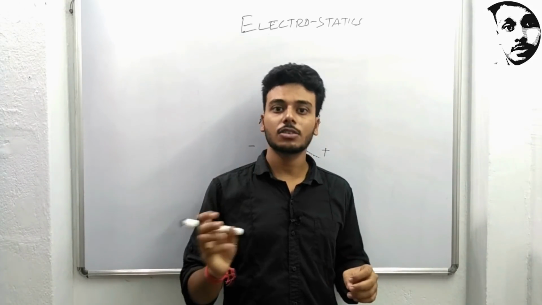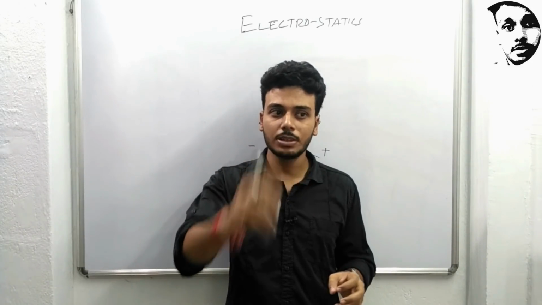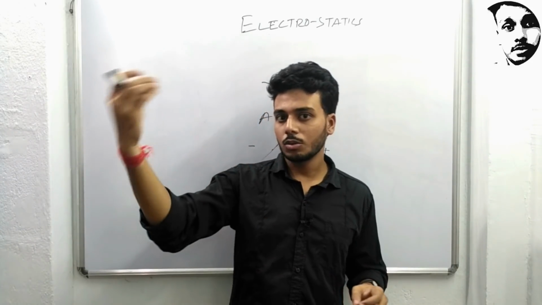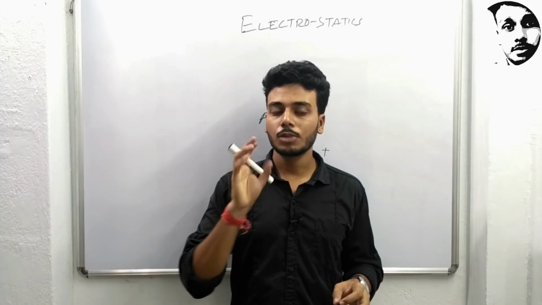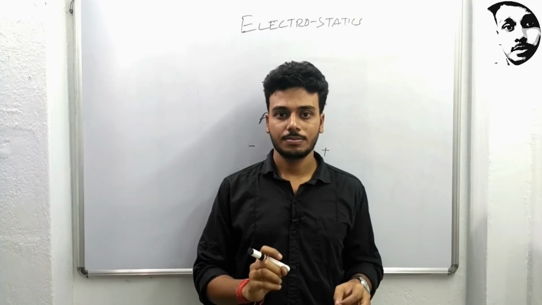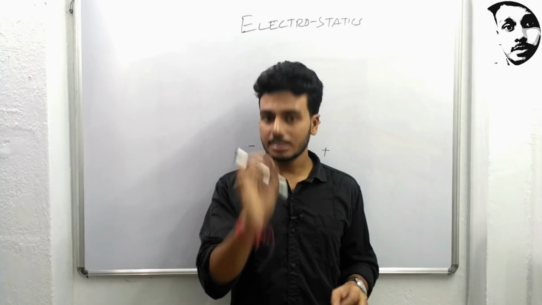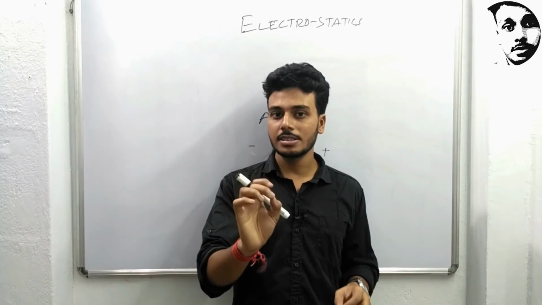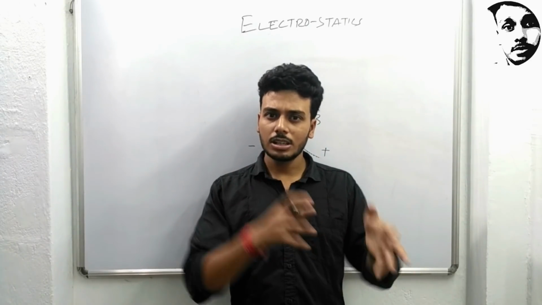So mass is like a feature of the electron, and charge is also a property of the electron. So now my question is, where does the electron get its charge? To answer this question, we first have to ask ourselves what the basics are, or to be more specific, what is actually a charge?